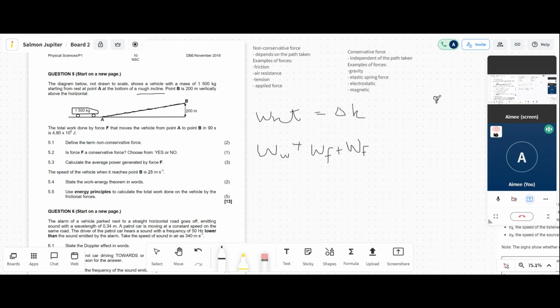Because when we draw our free body diagram of our object, we've got normal force because it's on a horizontal surface. We've got weight. We've got F applied, or the F force that they've indicated here. Okay? And we've got friction.